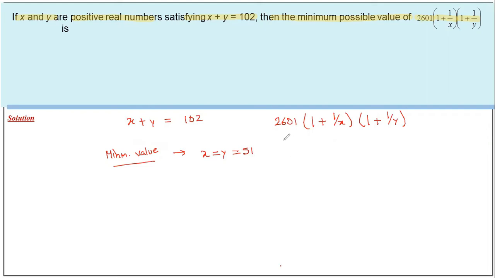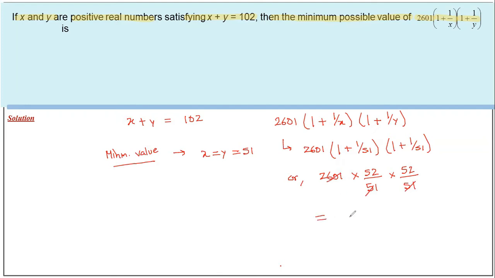So what we get is 2601 into 1 plus 1 by 51 into 1 plus 1 by 51, or 2601 into 52 by 51 into 52 by 51. So this gets cancelled out, so we have 52 square, which is equal to 2704.